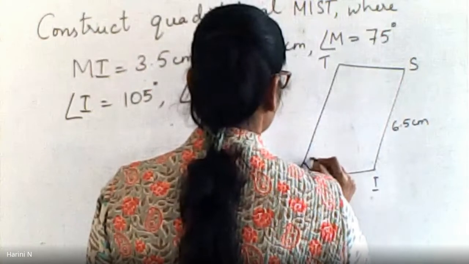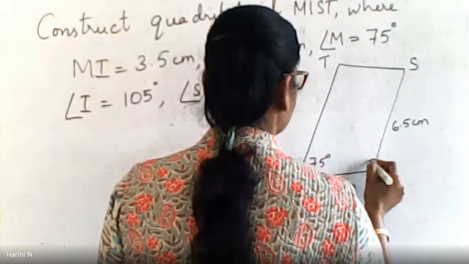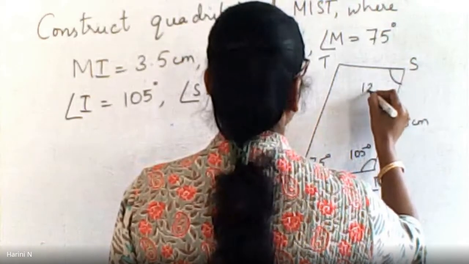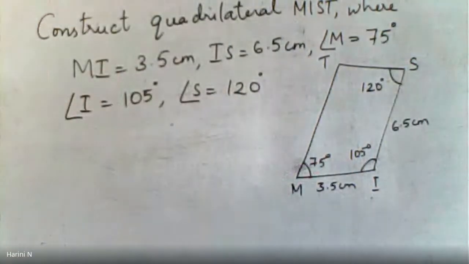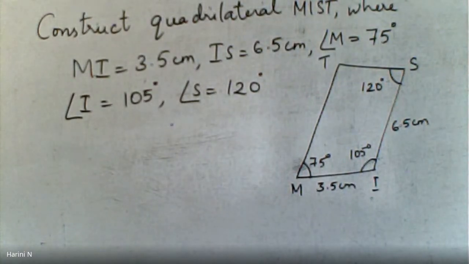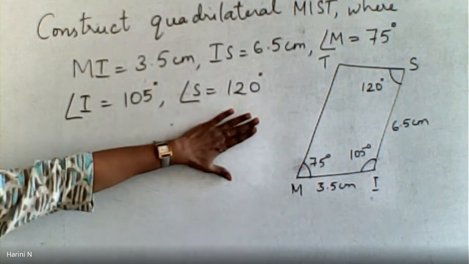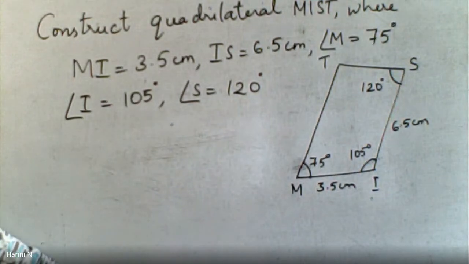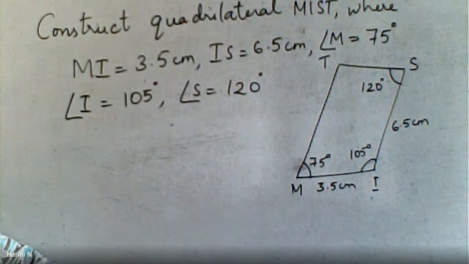Now M was 75 degrees, this is 105 degrees, then also 120. You should have written this on the unruled side. Then your construction can happen somewhere slightly below, which you have already seen. You should be able to complete.